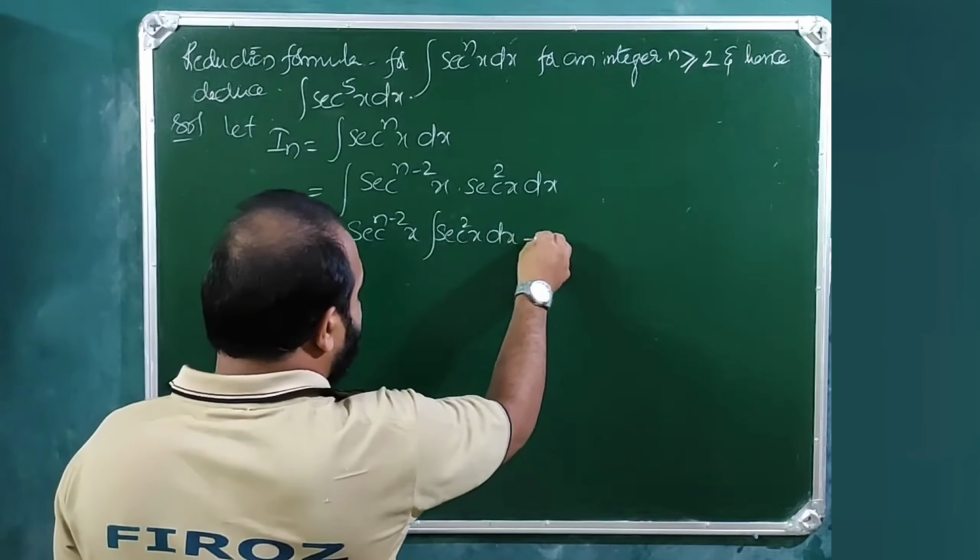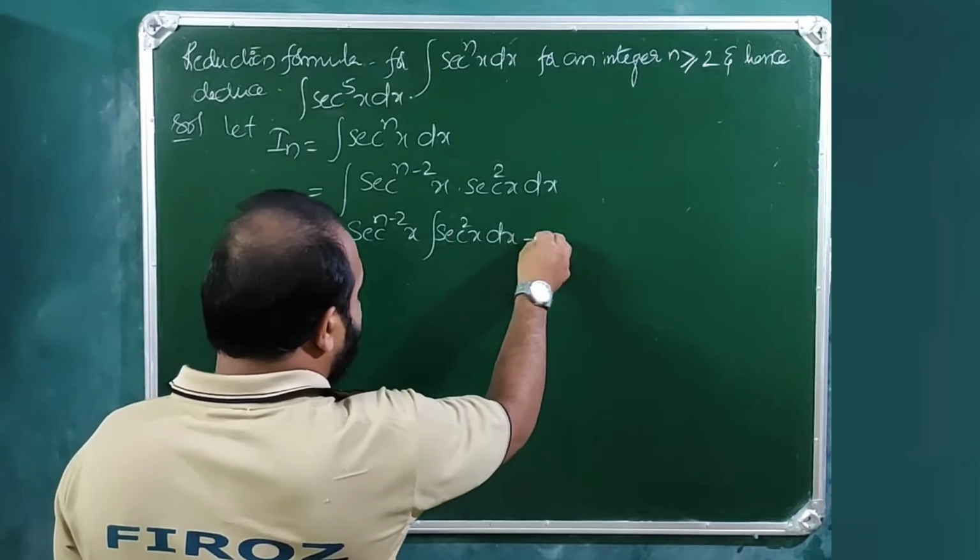We know secant square x minus tan square x is 1, so secant square x minus 1 is tan square x. So this tan square x can be written as secant square x minus 1 dx.